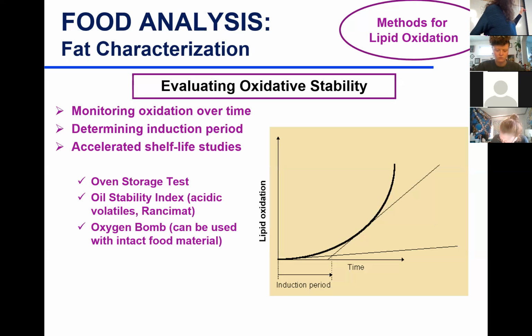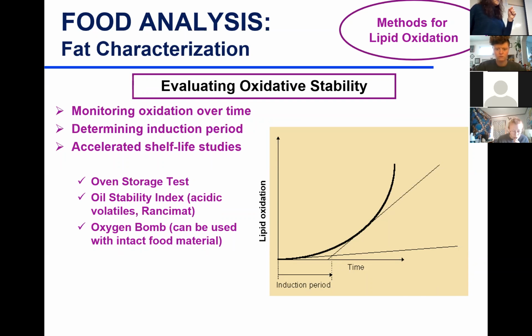The second method is also used. It's called oil stability index. In this case, you put your oil in a container in an oil bath at 130 degrees C, so really high temperature there. You bubble air into the oil sample, so you're basically giving it oxygen.